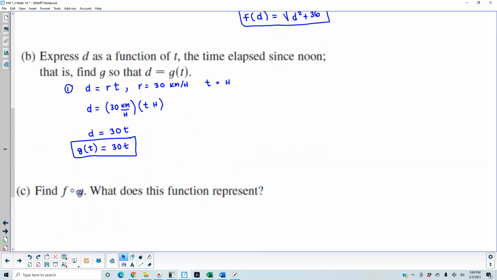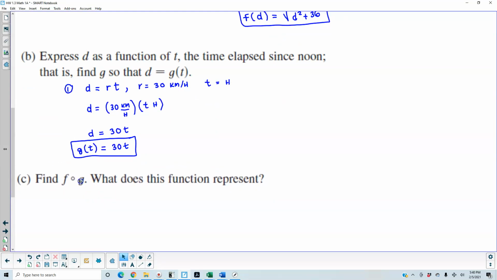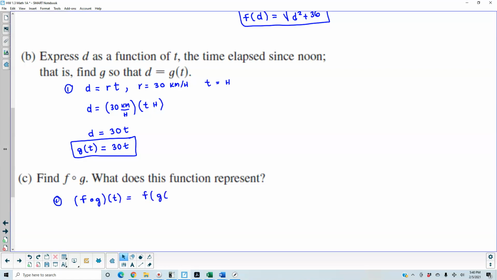So now part C, we want to find f composite g, and what does this function represent? So we're looking at f composite g of t, which is equal to f of g of t. And we know that g of t is 30t.